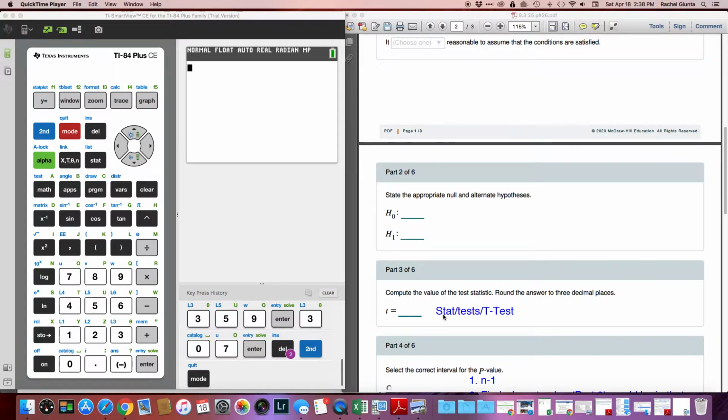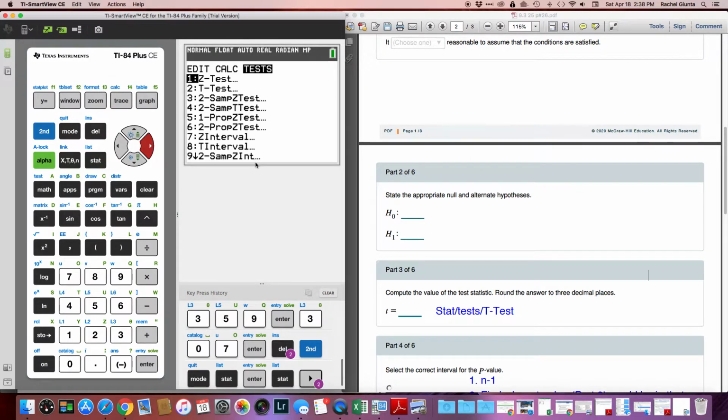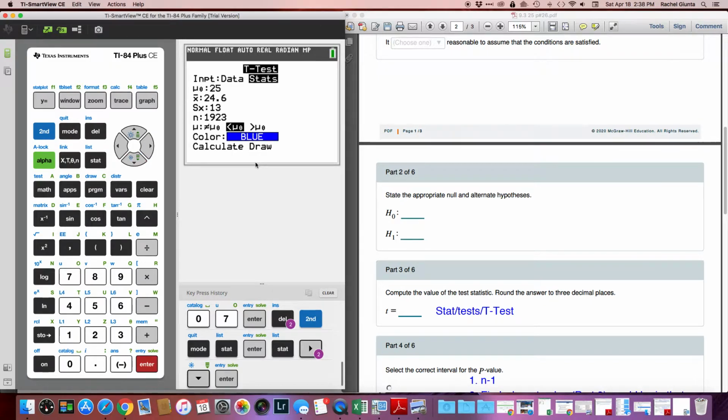It's a t-test, and we know that for sure because it's asking for a t here rather than a z. So I've already entered the numbers into L1, but you need to do that first. And then stat tests, t-test, change your input from stats to data.